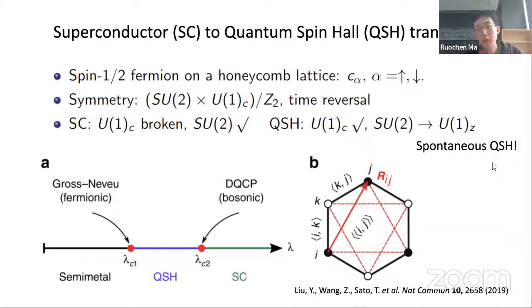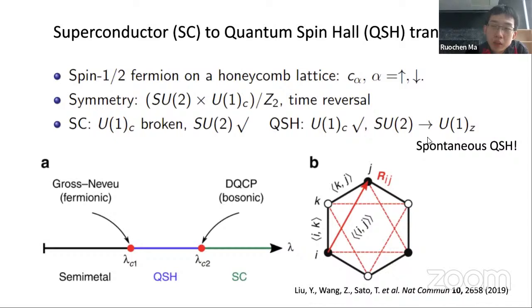But there, for example, in the Kane-Mele model, the SU2 spin rotation symmetry is broken explicitly down to a U1 subgroup by spin-orbit coupling. Here, however, in our microscopic model, there is no spin-orbit coupling, and we have the full SU2 spin rotation symmetry.